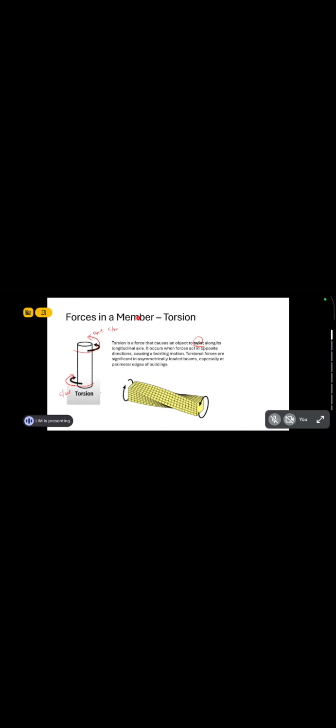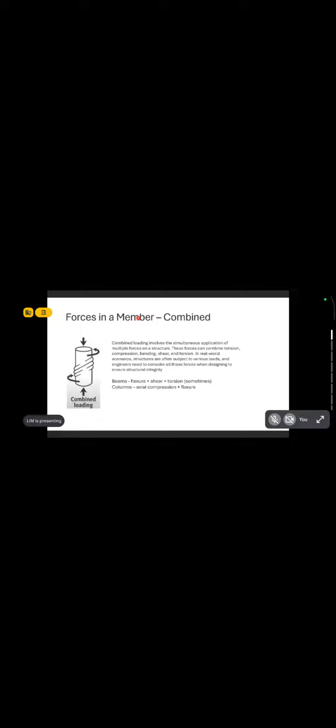So when you're designing beams or columns, you have to take all these forces into consideration. Meaning if your beam has compression, you have to check for compression. If your beam has tension, you have to check for tension. Or in some cases, combined loading. If your beam has compression together with torsion, then you have to check both.